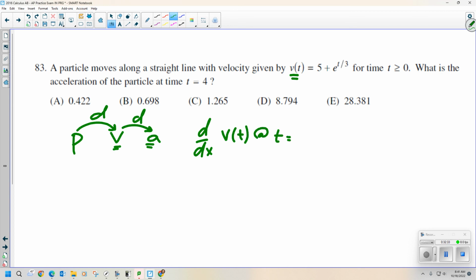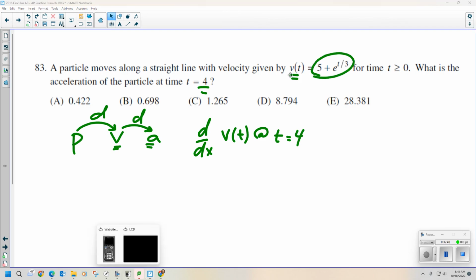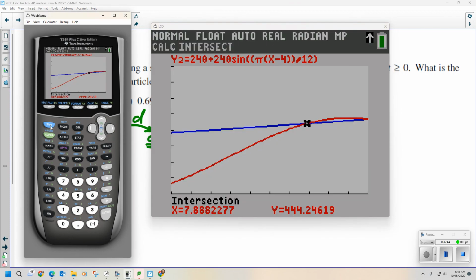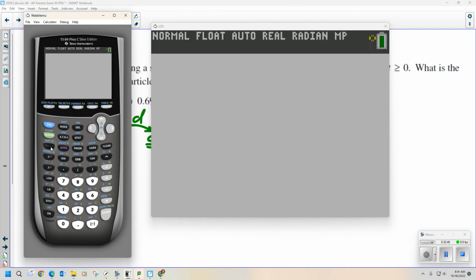I take the derivative of velocity at time equals 4. Okay, so I'm going to take the derivative of this, and I'm going to use my calculator. Awesome. Turn this on. Quit that problem. Math number 8 is your derivative. d/dx, it is 5 plus e raised to the x divided by, not 6, 3.